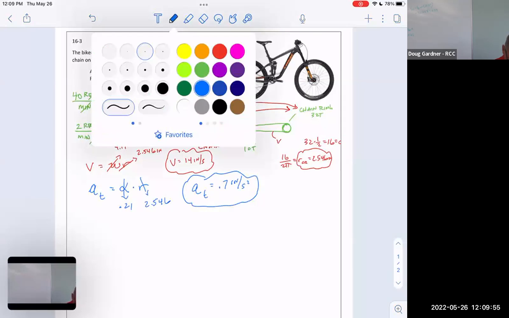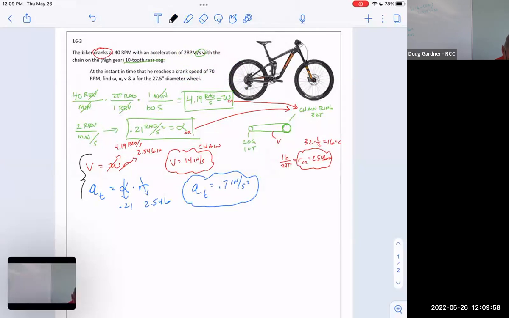Or maybe I'll write out front that all of that pertains to the chain. So I know how fast the chain is moving now. I turn the rotational speed of my crank into linear speed of the chain.